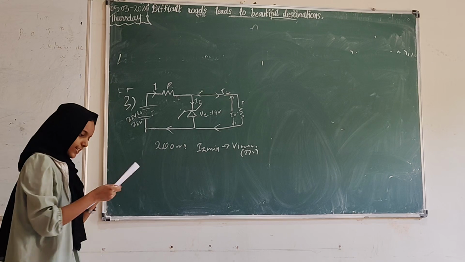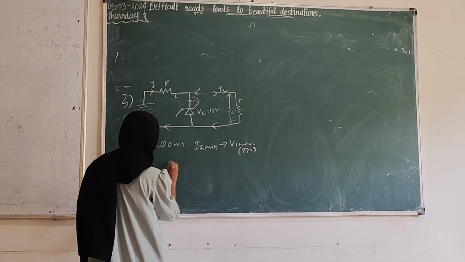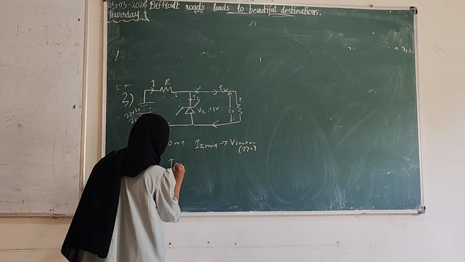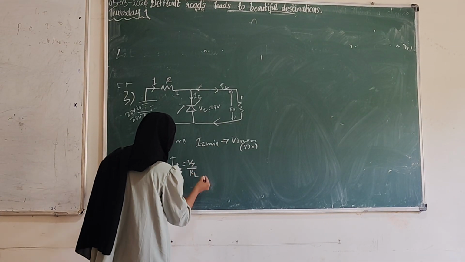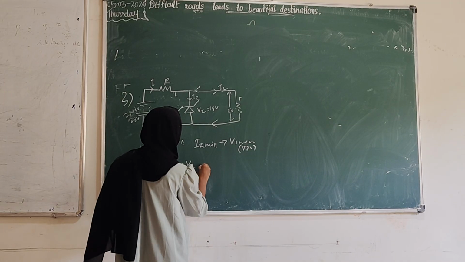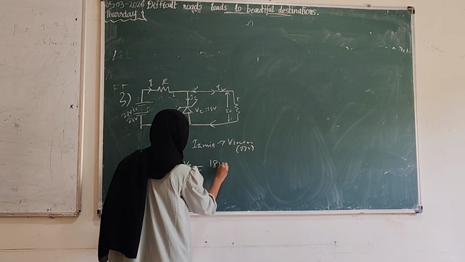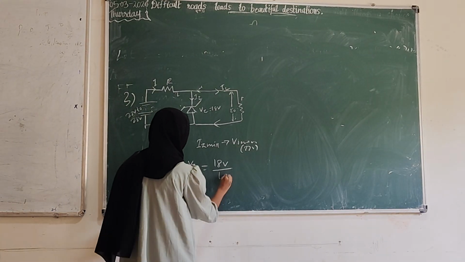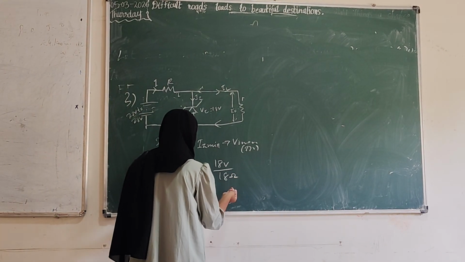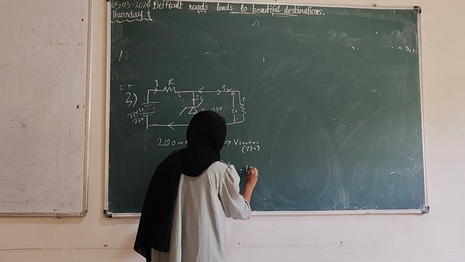Then load current stays constant. So IL is equal to VZ by RL, that is 18 volt by 18, that is 1 ampere.